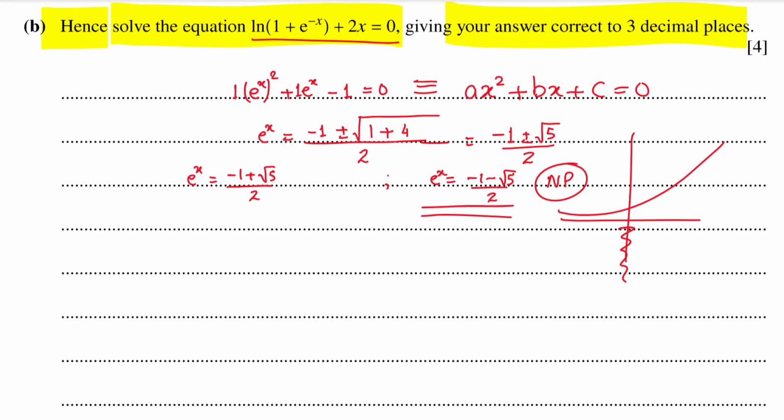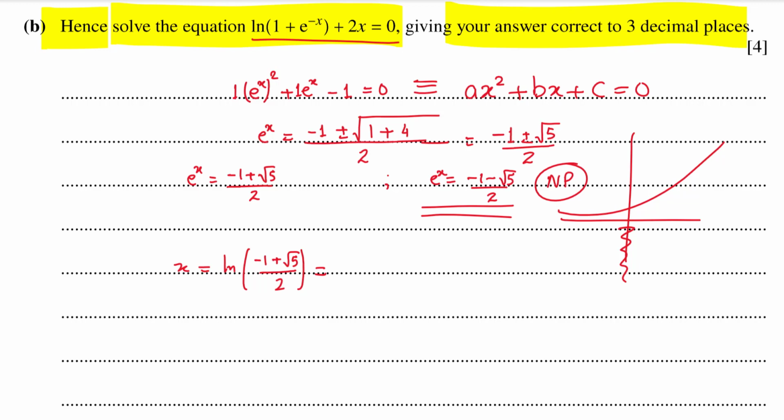So from here we will get x equals ln of the whole thing, minus 1 plus root 5 over 2. And the other value, we had to ignore because it is not possible.